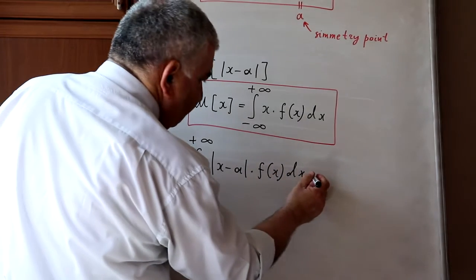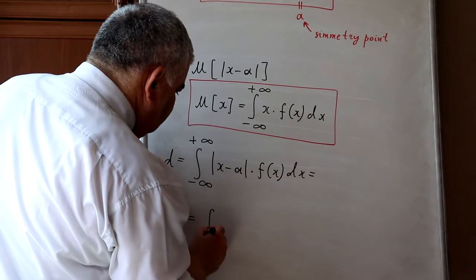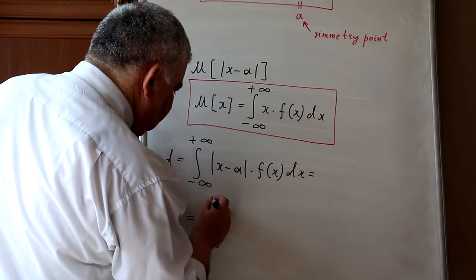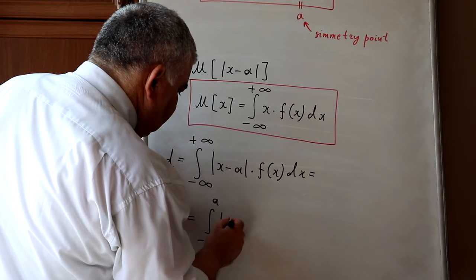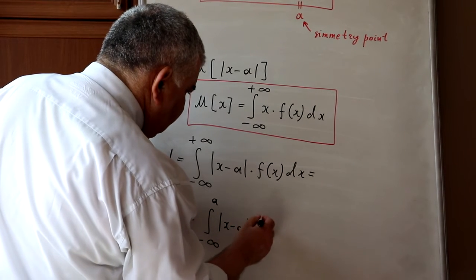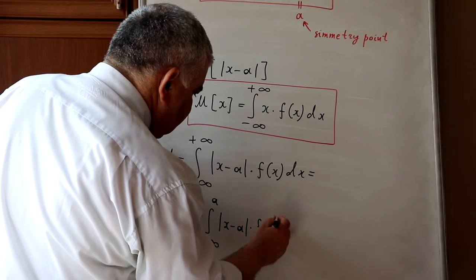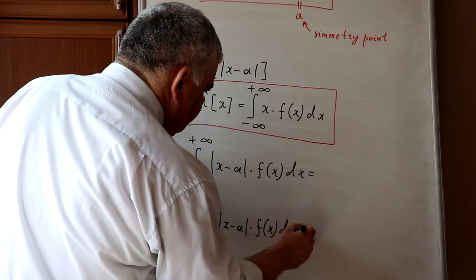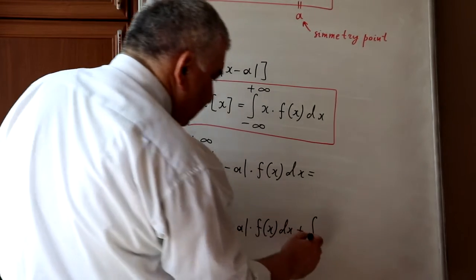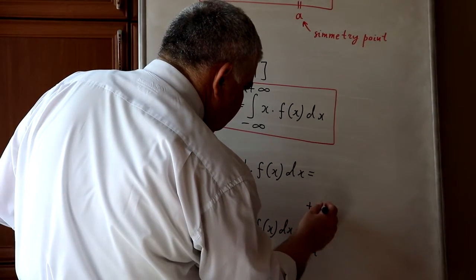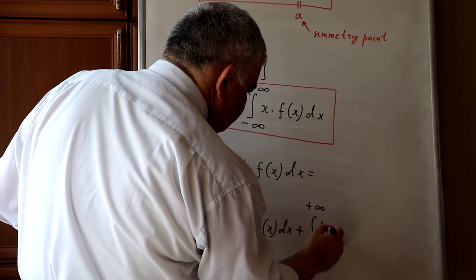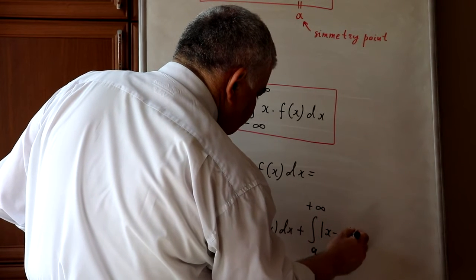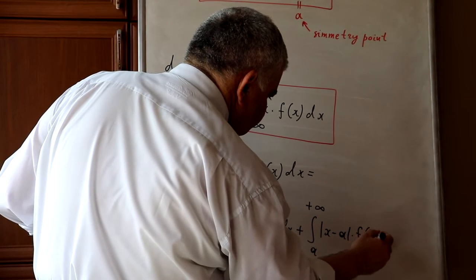D equals the integral from minus infinity to a of modulus x minus a multiplied by f of x dx, plus the integral from a to plus infinity of modulus x minus a multiplied by f of x dx.